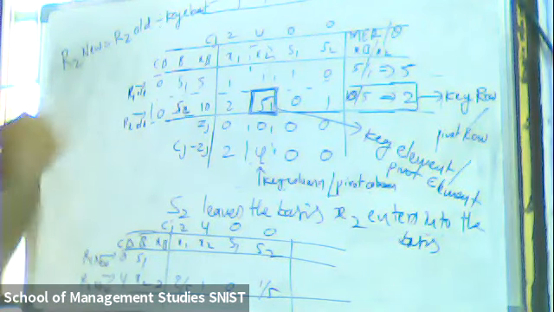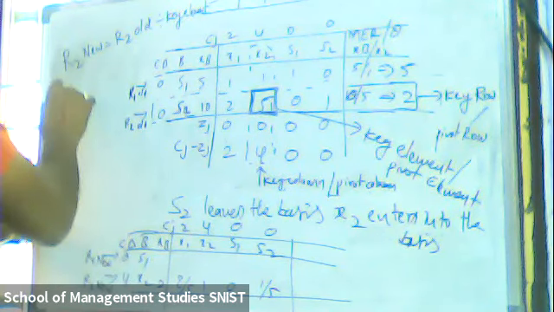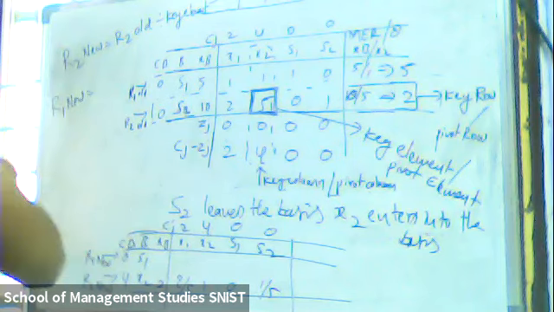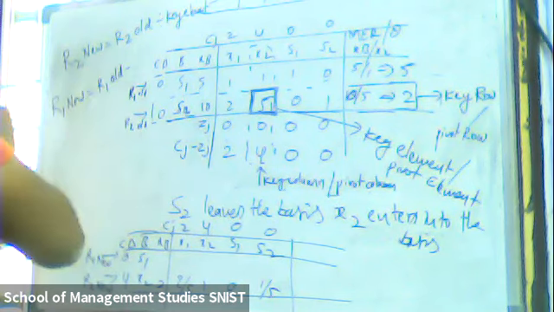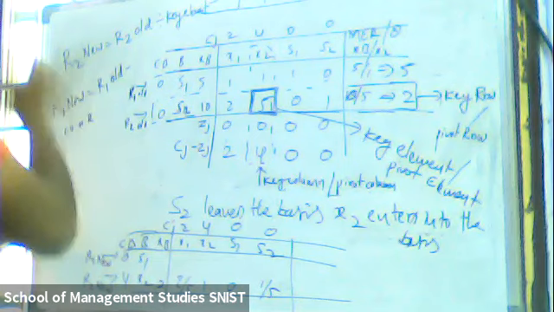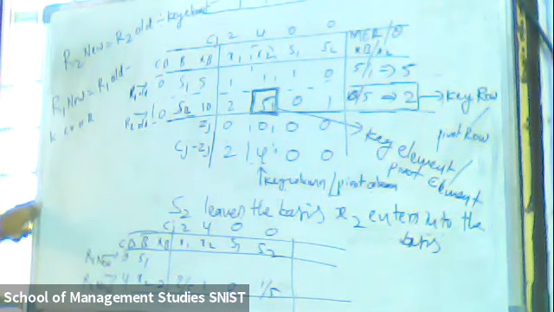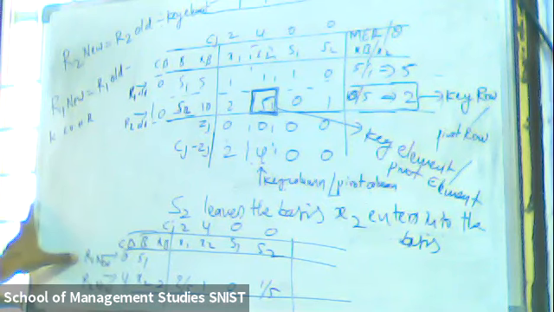So to find out R1 new, R1 new equals R1 old minus the key column value of that corresponding row. I'm finding R1 new.